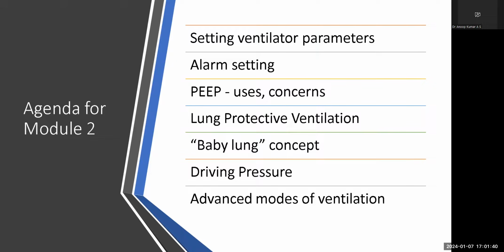Today I think we have already crossed the time. Maybe in another session we can discuss all these things, like the setting of ventilator parameters, alarm settings, how you set the PEEP, what is lung protective ventilation, baby lung concept, driving pressures, and advanced modes of ventilation.